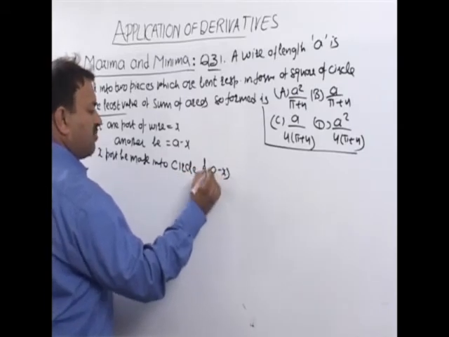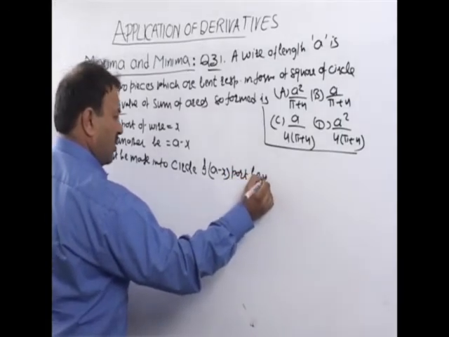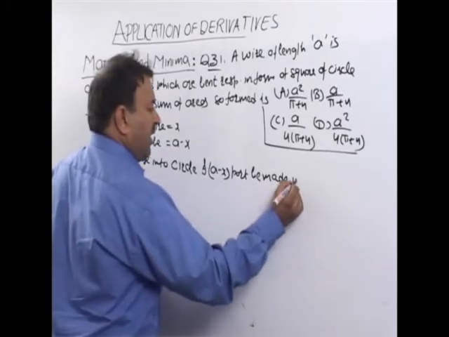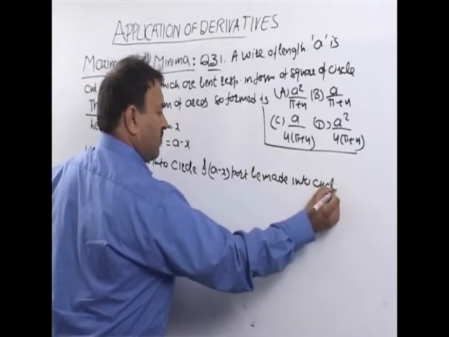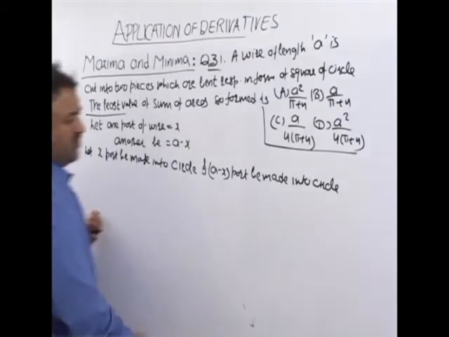Let x part be made into circle and A minus x part be made into square.